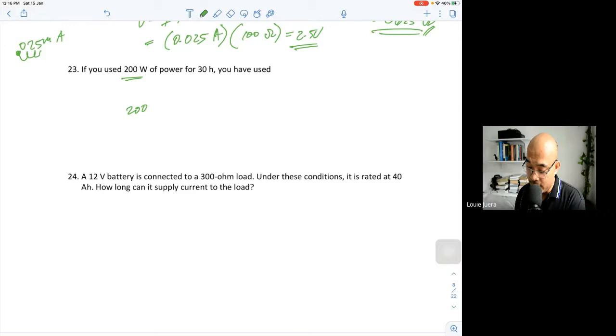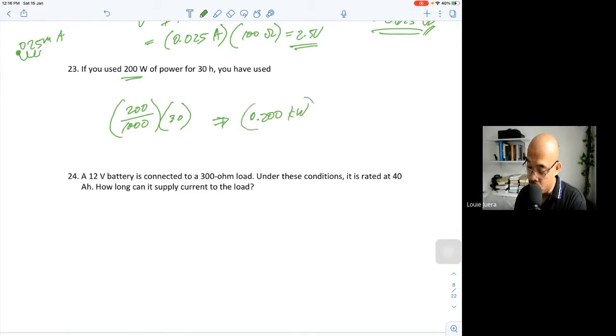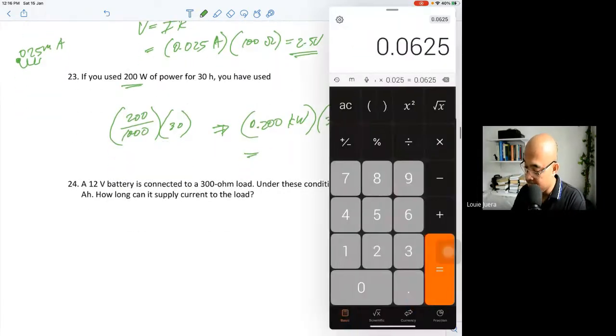You just have to divide 200 by 1,000, and then multiply that by 30. That is equal to 0.200 kilowatt, multiplied by 30 hours. So 0.2 times 30.